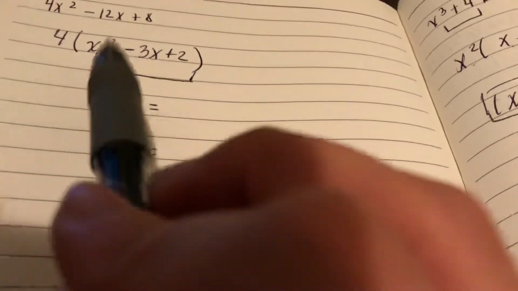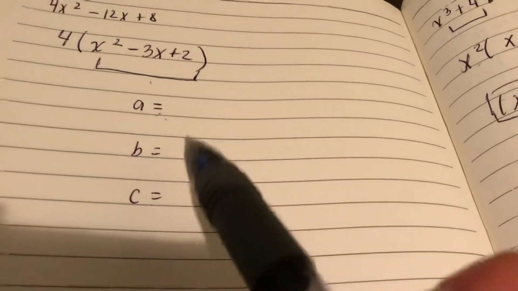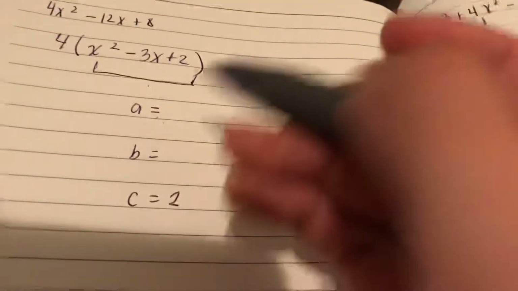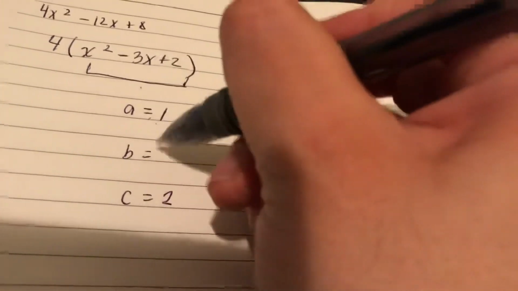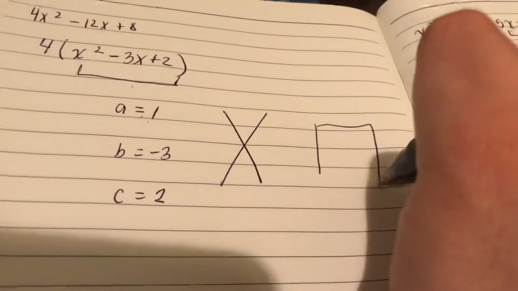A is the coefficient of the squared term, B is the coefficient of the linear term, C is the constant term. So C is 2, we're only paying attention to the terms inside the parentheses. A is 1, B is -3.